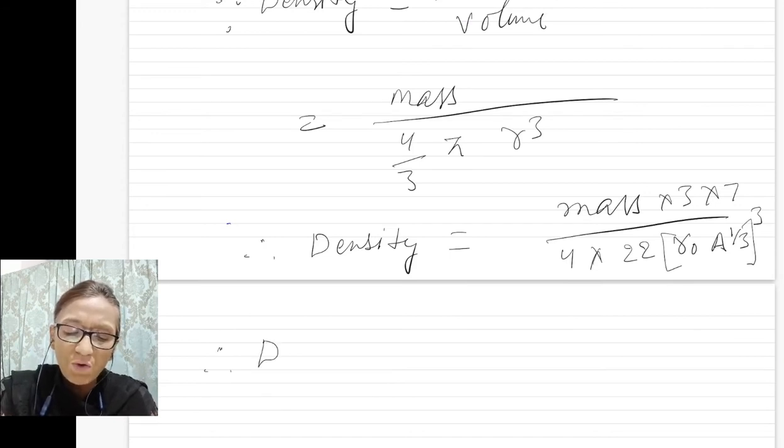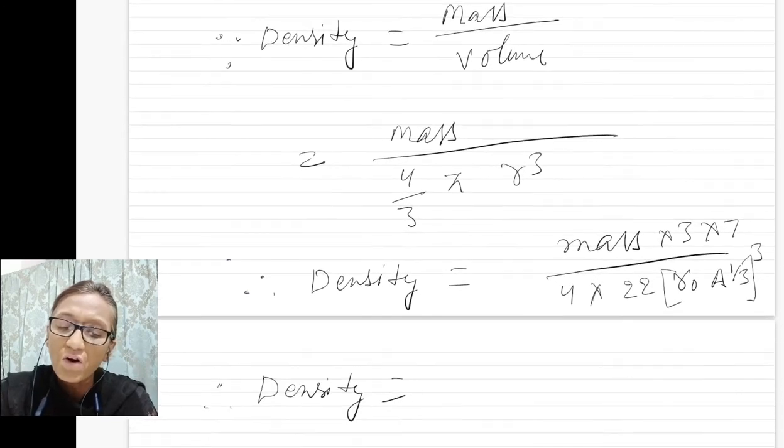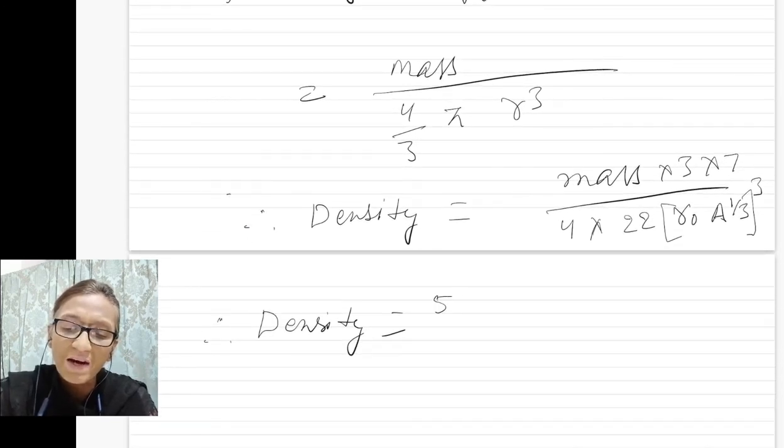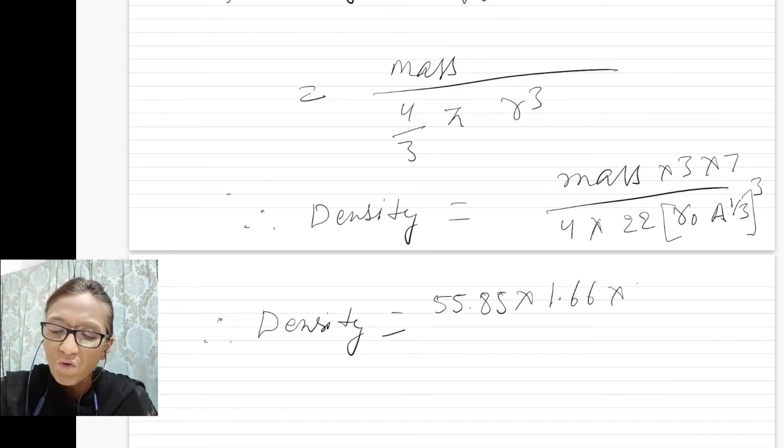So from here you can write density of iron. Density of iron is equal to mass I have already obtained, 55.85, into value of 1 AMU in kg. This is your 1.66 into 10 to the power minus 27.